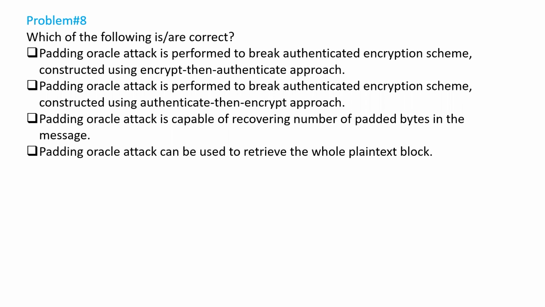Then you can exploit the fact that whenever there is a bad padding, you get a bad padding error as the response. And you can use this bad padding error message to, in fact, retrieve the whole underlying plaintext block.